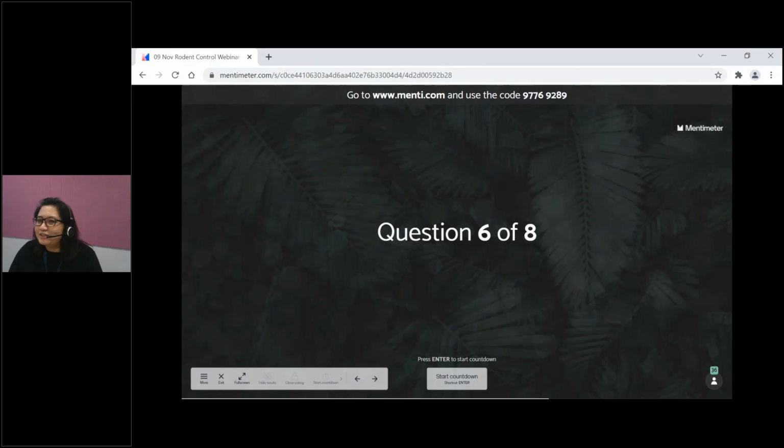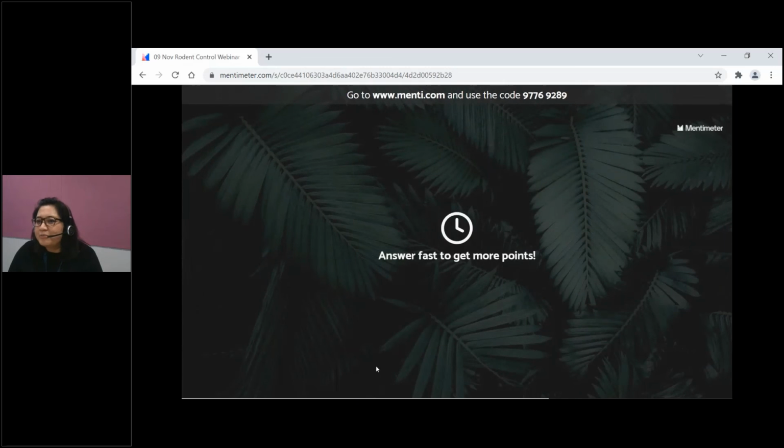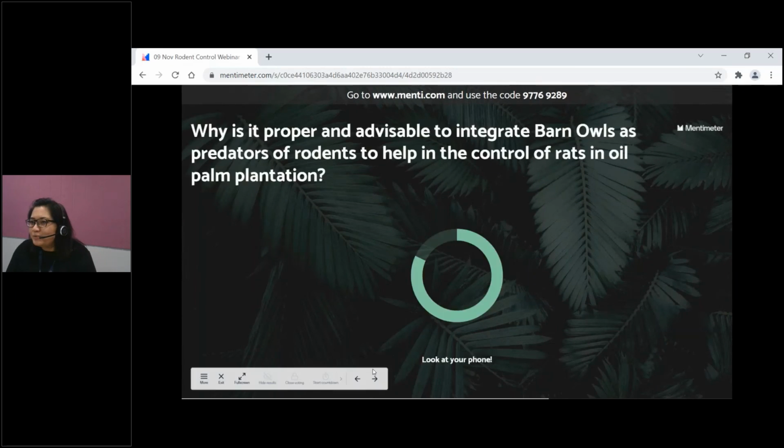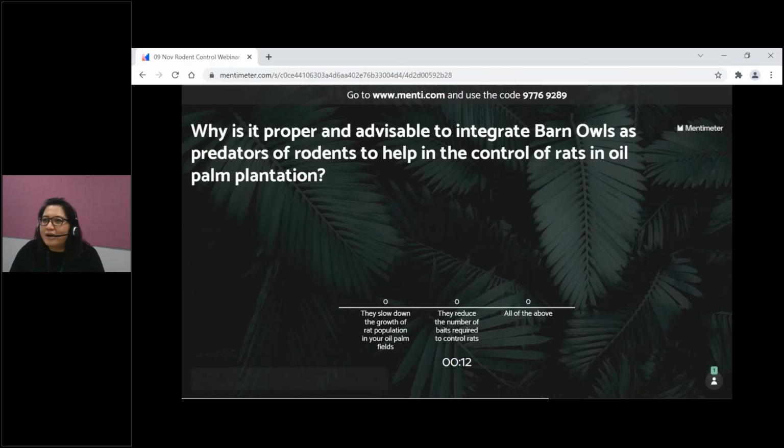Question 6 of 8. So you have 2 last questions to tap. Remember, how you score is by either speed or accurate answer. Why is it proper and advisable to integrate barn owls as predators of rodents to help in the control of rats in oil palm plantations?